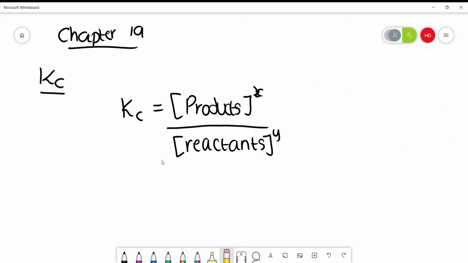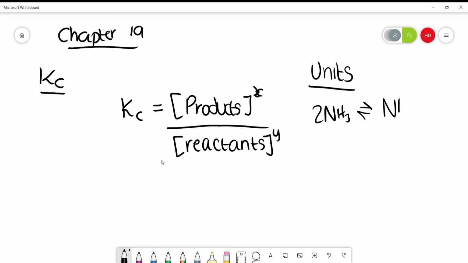You'll also be expected to calculate the units of Kc in any particular reaction. And the way you would do that is, say again, for this reaction of 2NH3 goes to N2 plus 3 hydrogen.